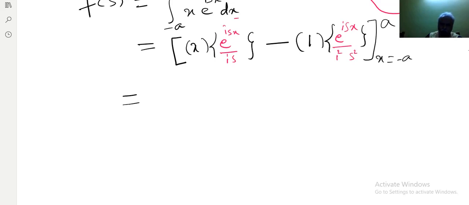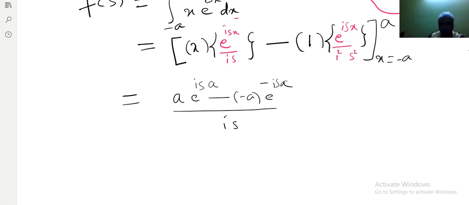Now here, upper limit a, if I substitute the upper limit a, it is upper limit into a, minus the lower limit. Here also I have to substitute minus a, and here also I have to substitute minus a, minus isa. This I should not forget, the whole divided by is. So upper limit minus lower limit for the first term is over. Now let us simplify this. This i squared term, i squared is minus 1.